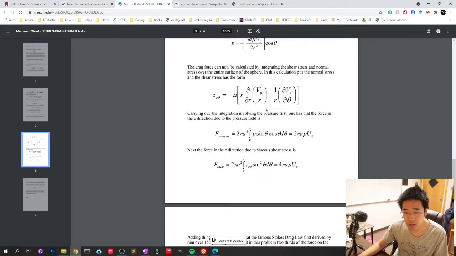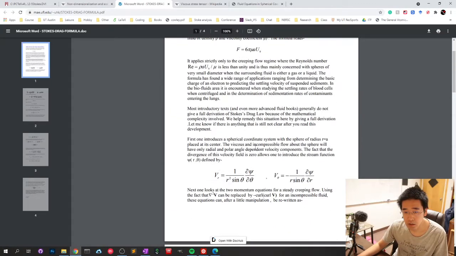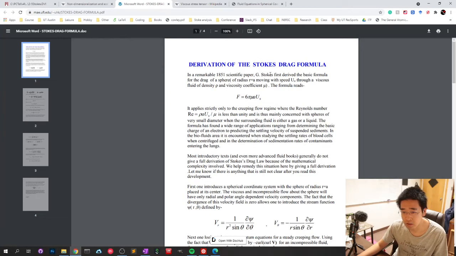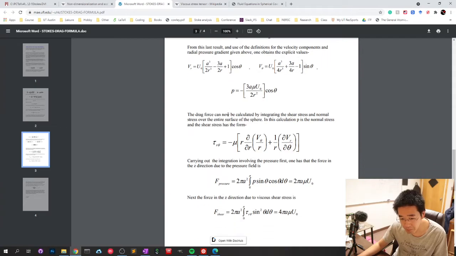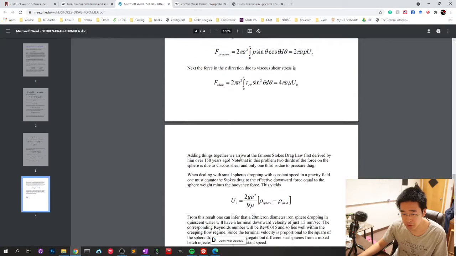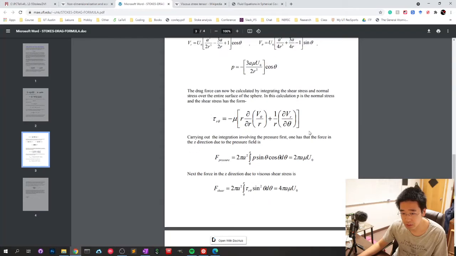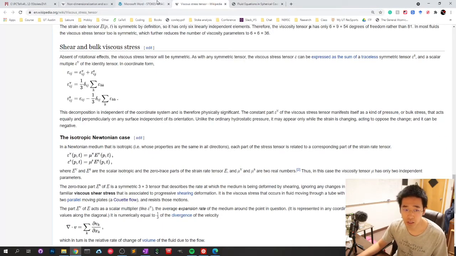If you follow through the derivation of Stokes drag, then you will find this nice expression. I find it's easier to calculate by compacting the V theta over r. Dr. Fitzpatrick has 3 terms, but for our case, it's easier that way.